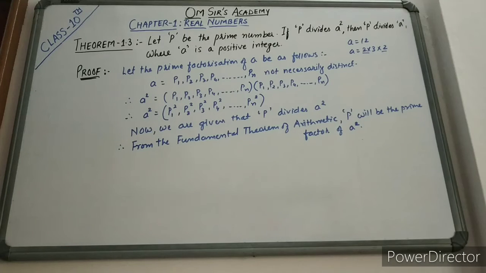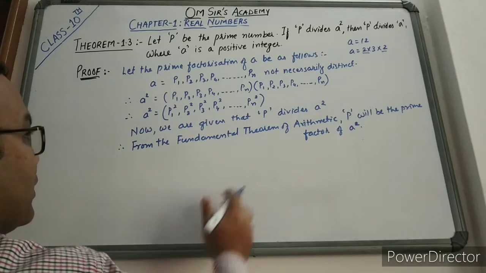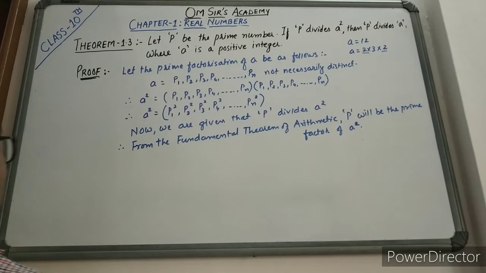So therefore from the fundamental theorem of arithmetic it follows that P will be the prime factor of a square.